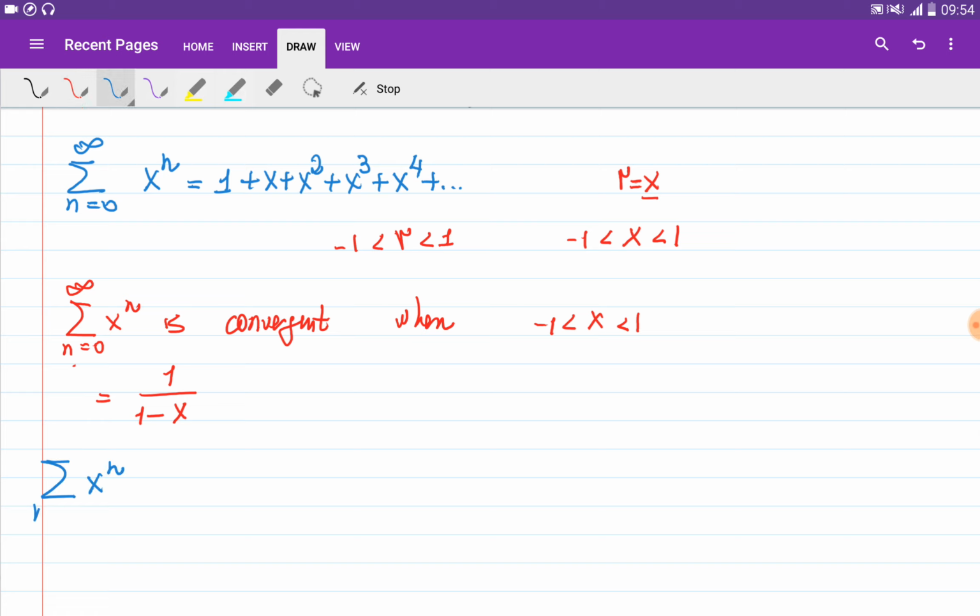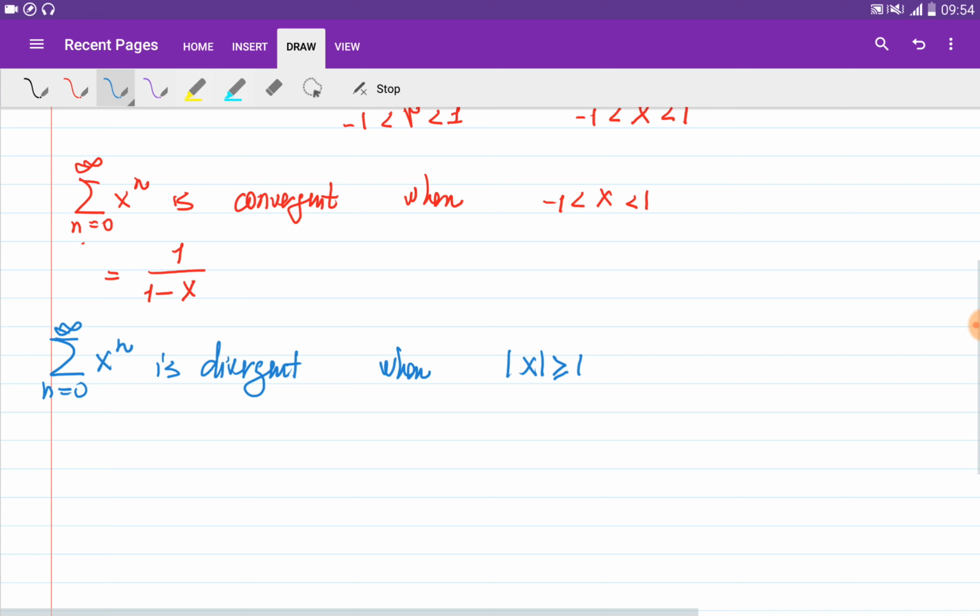And the series x to the power of n, n goes from 0 to infinity, is divergent for all the values of x which are not included in this case. So when the absolute value of x is more than or equal to 1, basically when it is more than 1 or less than or equal to -1.